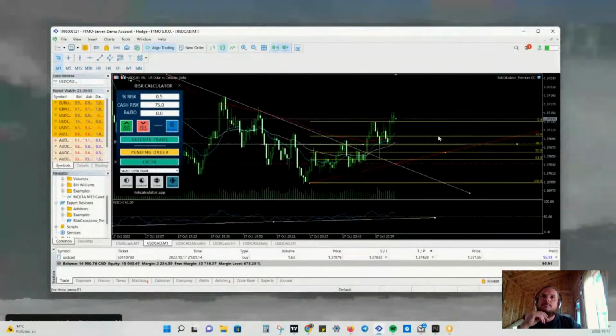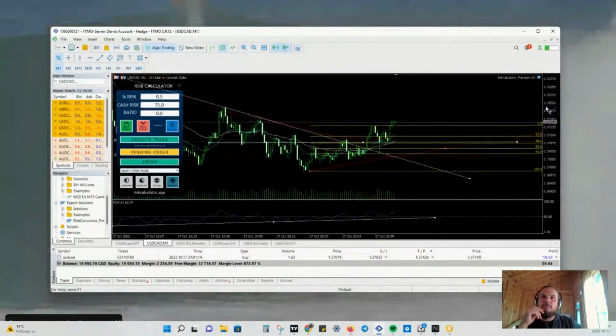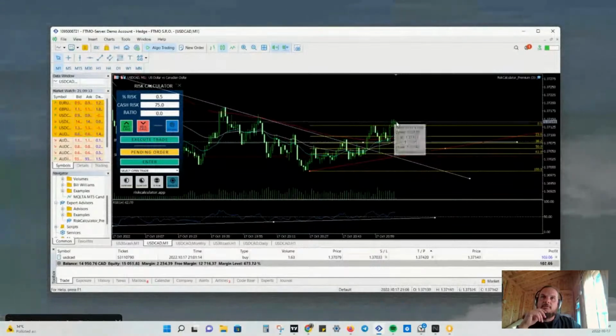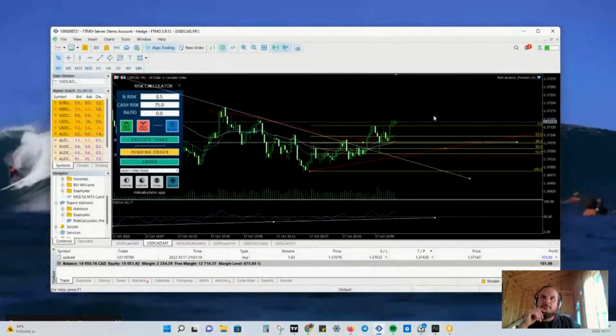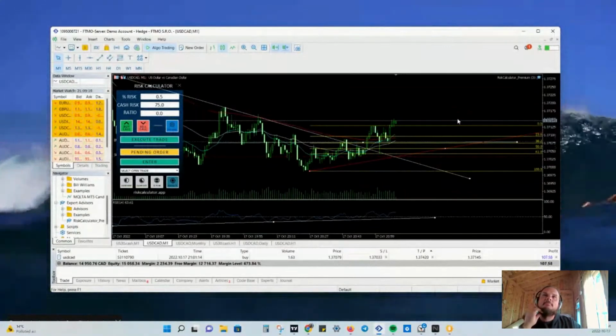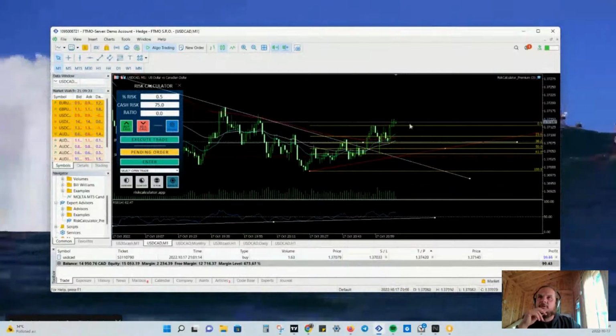Hold your winners, and I think really the pros will add to their winners. If this becomes a winner, you might get a place to add here. A retest of the moving out of the 50.